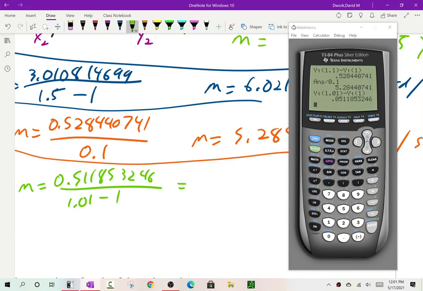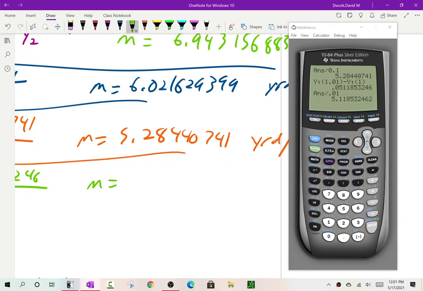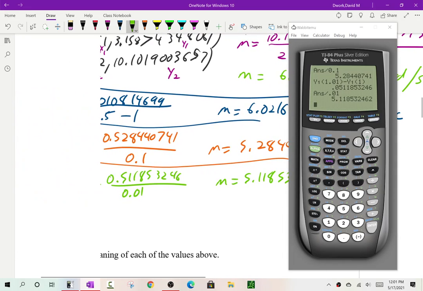That denominator would be 0.01, with that numerator being that horrible, ugly number. So we're just going to rewrite that as divided by 0.01. And there we go. We now have a slope of 5.118532462. And oh my gosh, we are done.